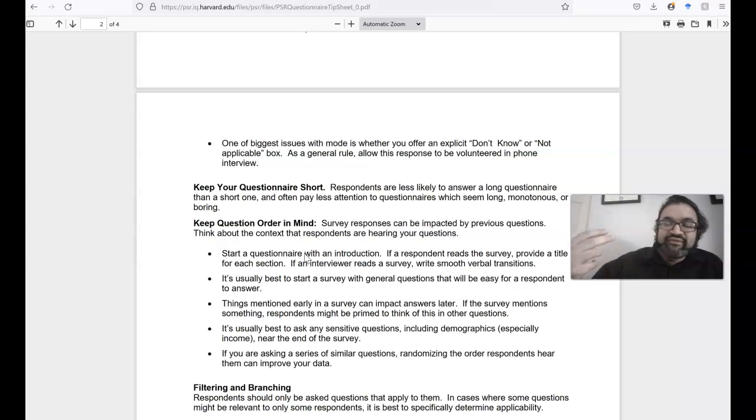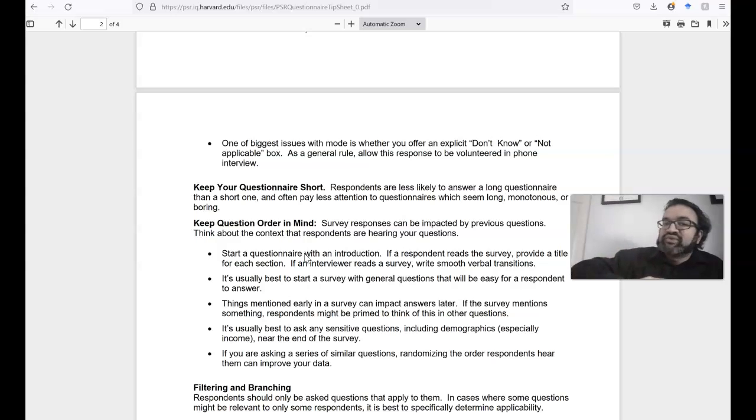So if, for instance, in one study that I did, the respondent took a couple of seconds, then that response was not counted.